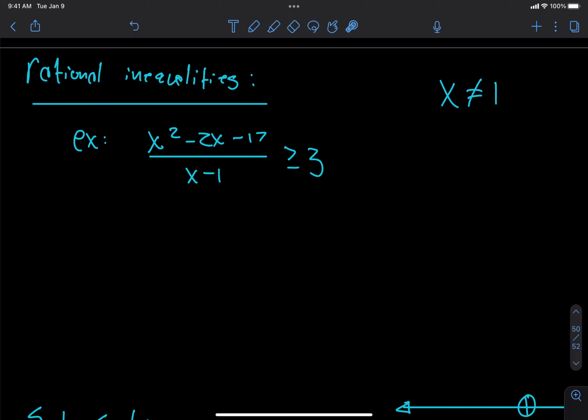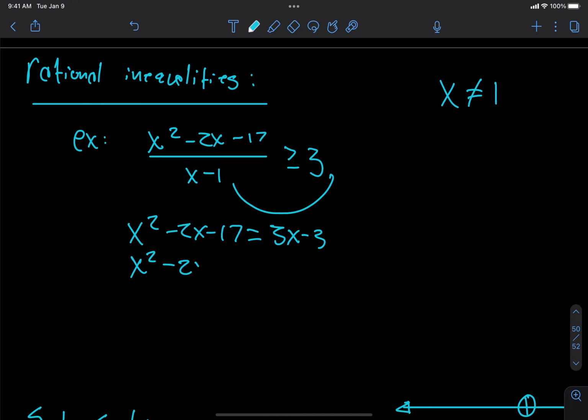Okay. I need to understand when this equality is going to happen. The equality is going to happen exactly when, if I multiply over this x minus 1, I get x squared minus 2x minus 17 is equal to 3x minus 3. Like I said before, we move everything over to one side.